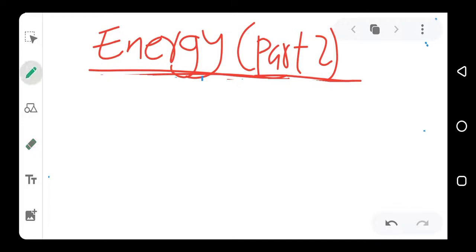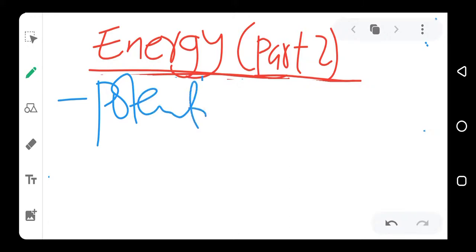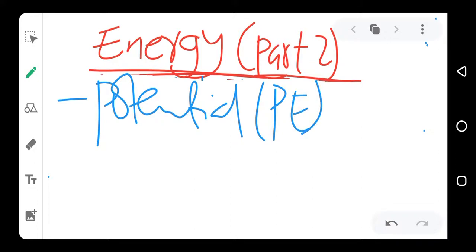Like we said in the other class, we have two formulas for calculating energy. One is the formula for potential energy. For potential energy, which we can denote with PE, we use the formula mgh, where m is the mass of the object, g is acceleration due to gravity, which is always given as 10.